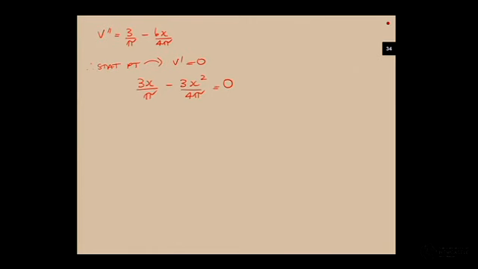I can make life easier by multiplying everything by 4 pi because it will make all my fractions disappear. So I'm about to multiply by 4 pi because that's an equation now. It leaves me with 12x minus 3x squared equal to 0.